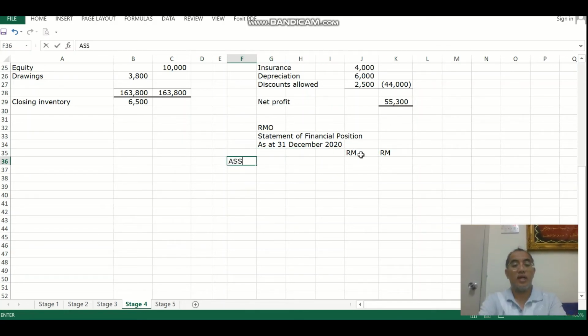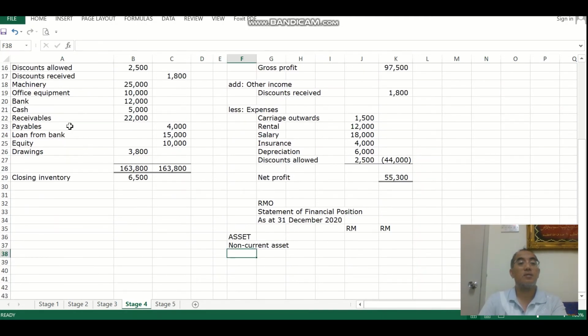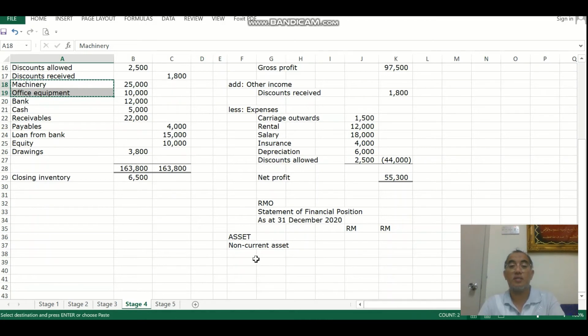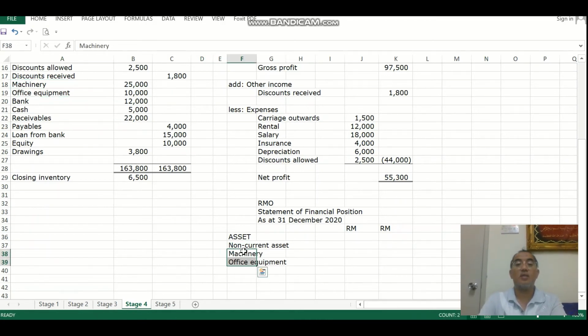Okay, so assets. What is your asset? We have two kinds of asset. One is non-current asset. That is machinery and office equipment. We have two. So I just copy here. How much is your machinery and office equipment? 25 and 10.